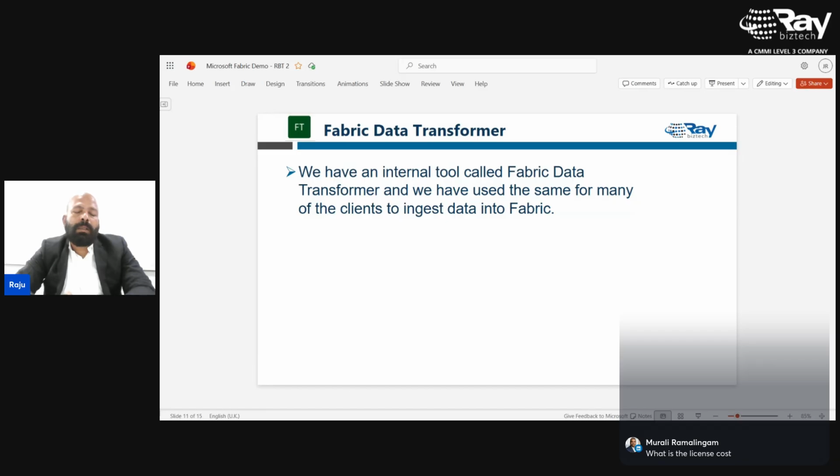Yes, license cost all depends on the Fabric capacity you are using. We suggest you start with an F2 or F4 and then scale accordingly based on business needs.